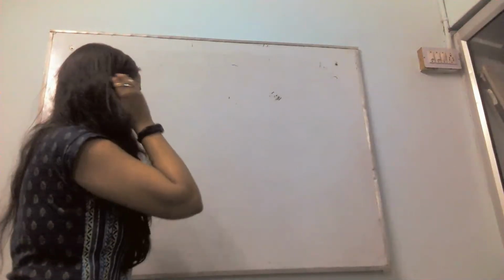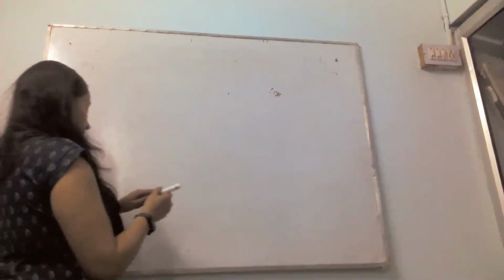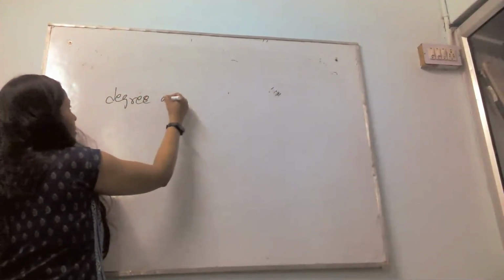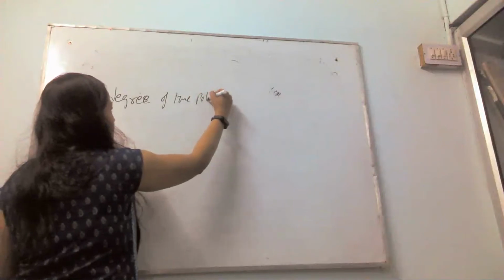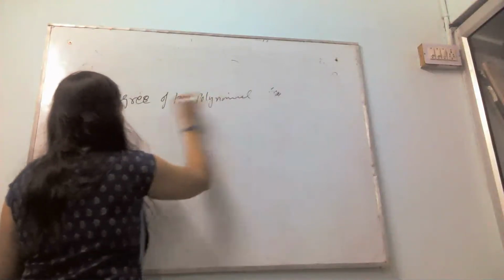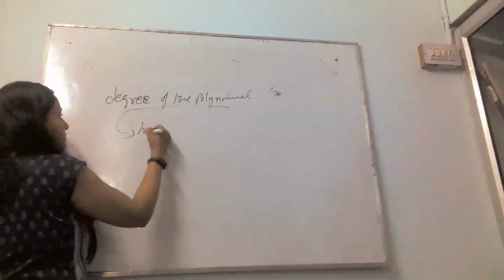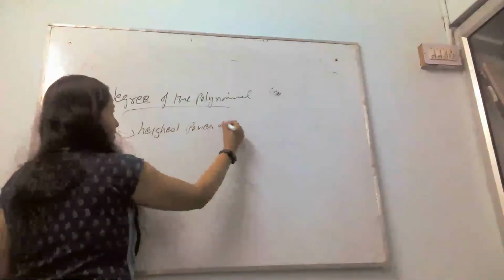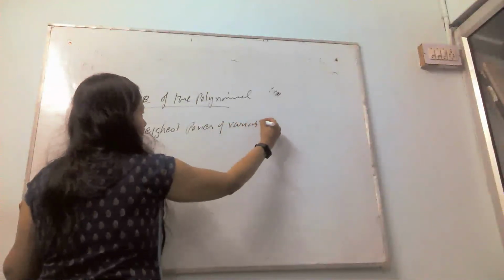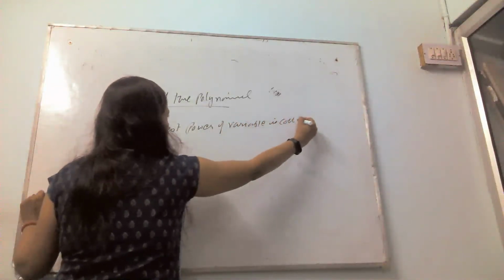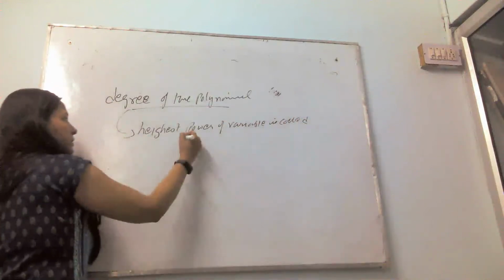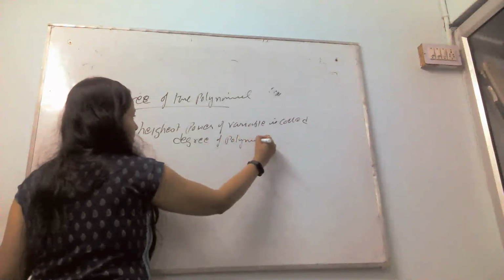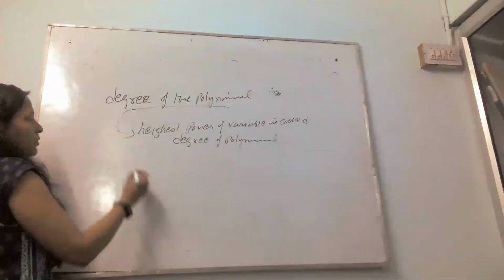We go for the next concept, that is the degree of the polynomial. The highest power of the variable is called the degree of the polynomial.